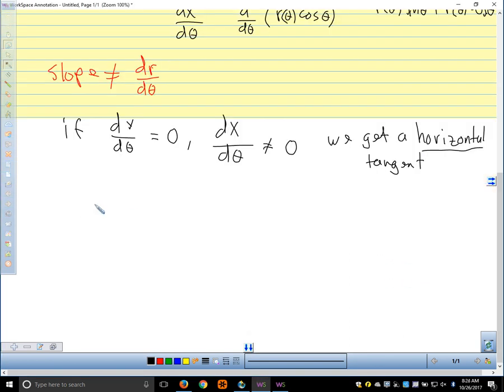And we're just going to switch these around. If dx d theta equals 0 and dy d theta is not 0, so we're not moving side to side anymore as theta changes, but we are moving up and down as theta changes, we get a vertical tangent.